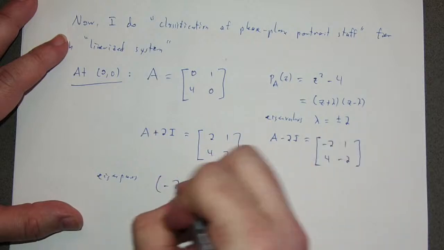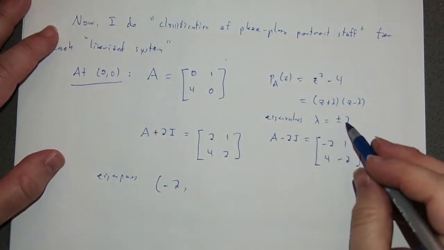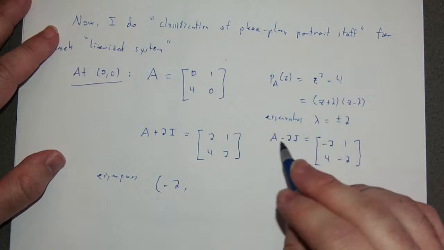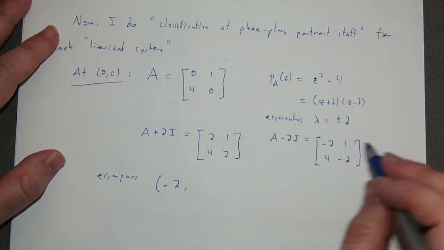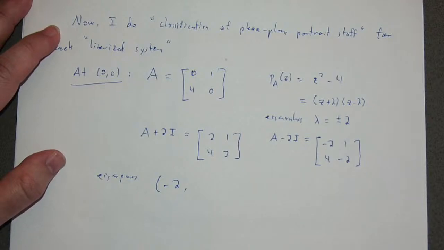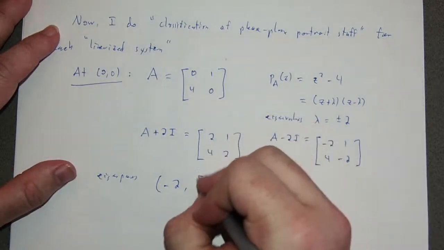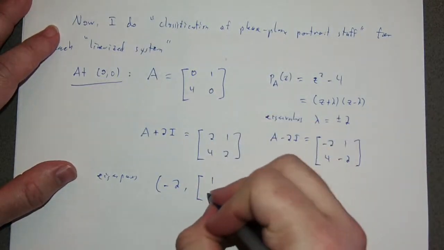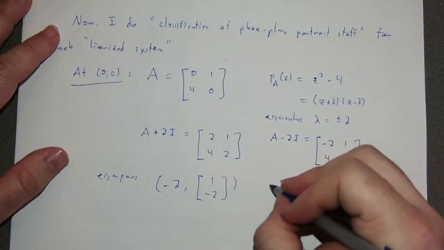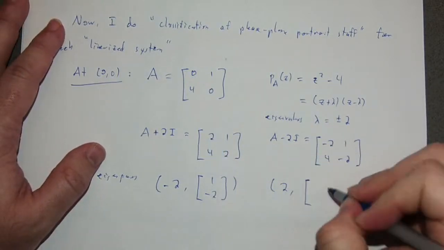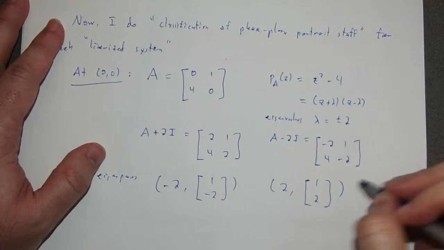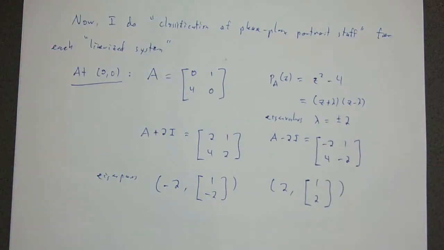If I'm using minus 2 first, then any non-zero column of A plus 2I is going to give me an eigenvector associated with this eigenvalue. So I'm just going to pick the second one. So this is 1, minus 2 here. And my other eigenpair would be 2, 1, 2.